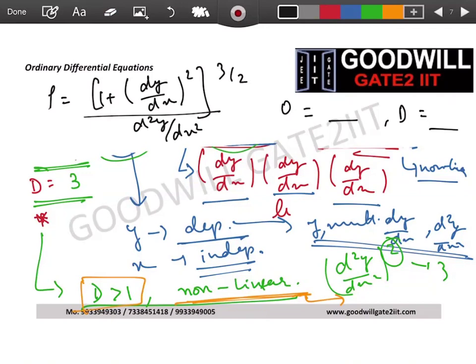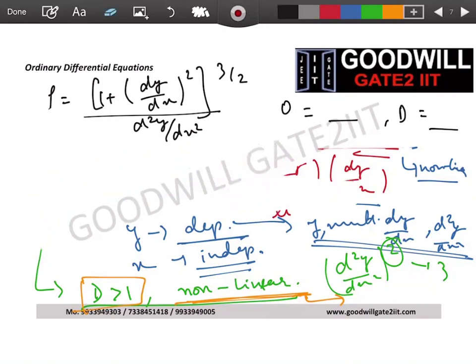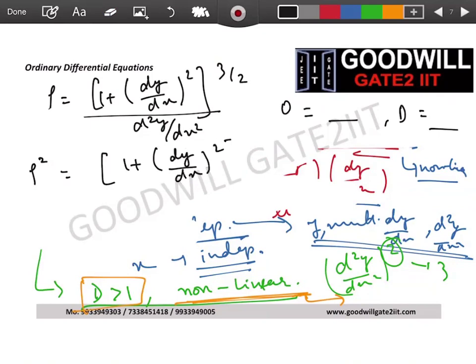So the first thing that we are seeing here is that this equation has a radical, the power 3 by 2. So the first thing we have to do is get rid of this 3 by 2 power. What we'll do is square both sides. So it will become rho square equal to 1 plus (dy by dx) the whole square, whole cube, divided by d square y by dx square.